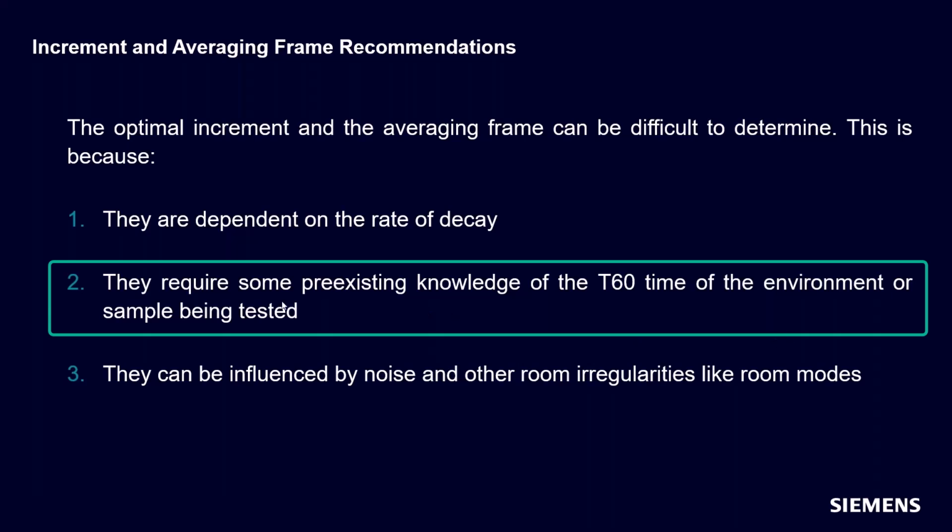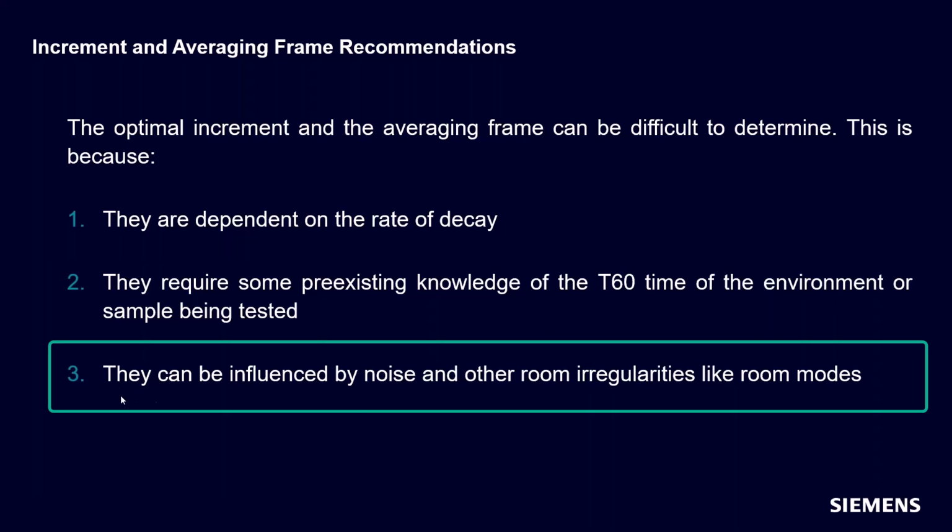These things are always really challenging where we're testing something to try and determine the T60 time, but we don't know the T60 time, so how are we supposed to be able to calculate the correct parameters for calculating the T60 time? And often there's a little bit of almost guessing and checking that might be required, calculating these parameters with a couple of different frame and increment values until you get a stable result when you're going through and calculating T60 times for the first time.